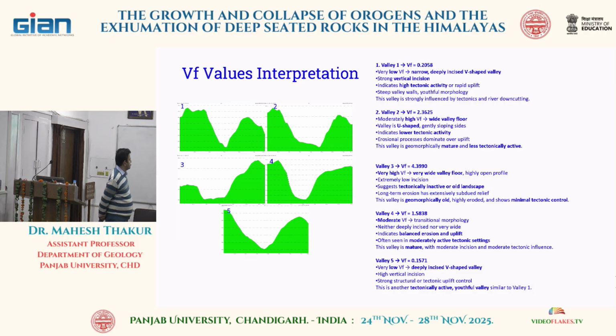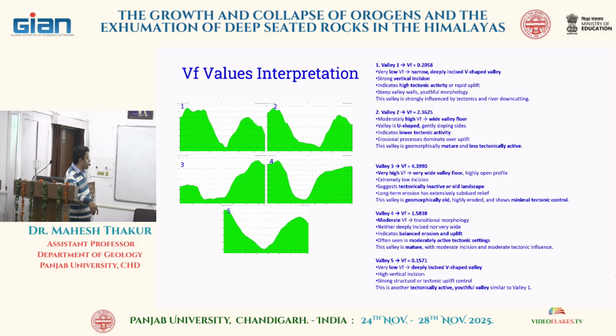So what is the difference between 3 and 4? In 3, we are getting a value of 1.3, and in 4, 1.5. So 3 is more or less safe, right? Because it's a huge shape. It has wide width also.